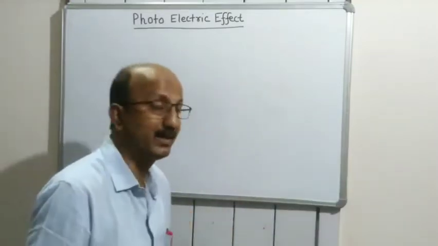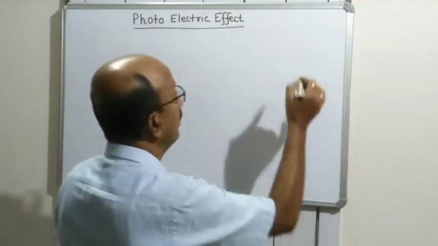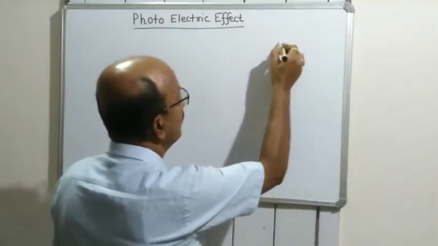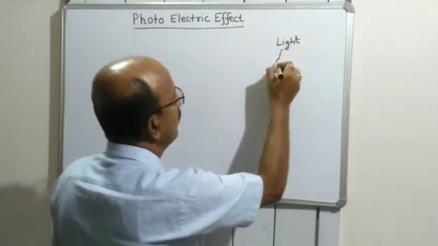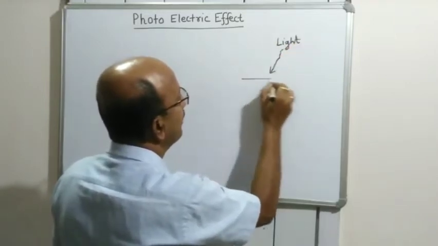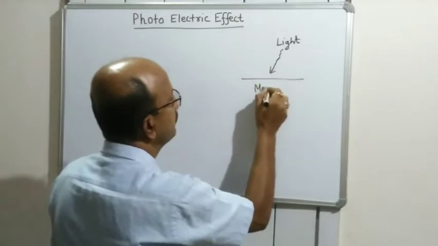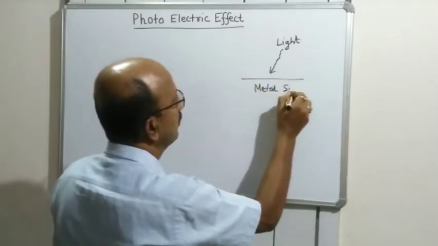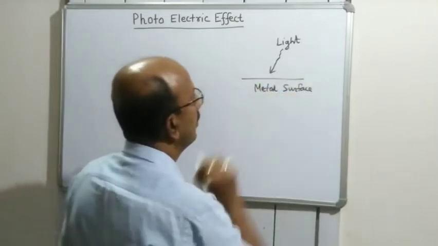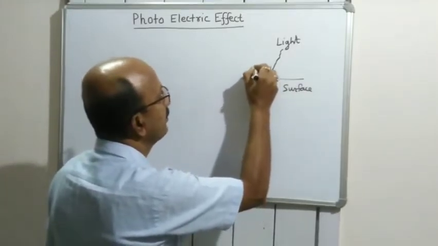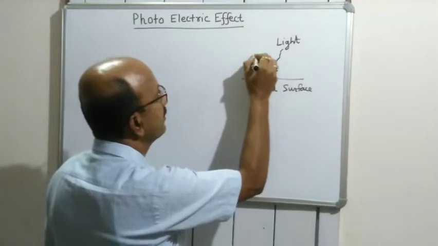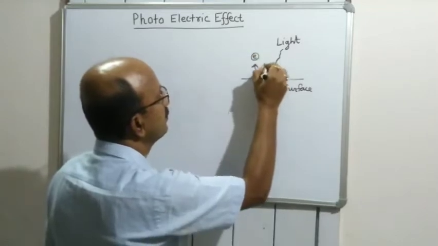In photoelectric effect, it is found that whenever light falls on a metal surface, then this metal surface ejects some electrons.